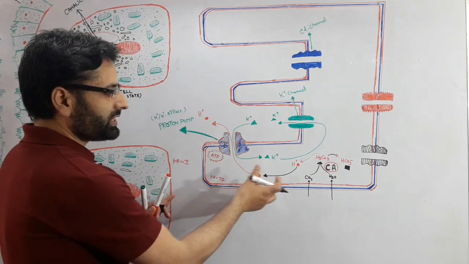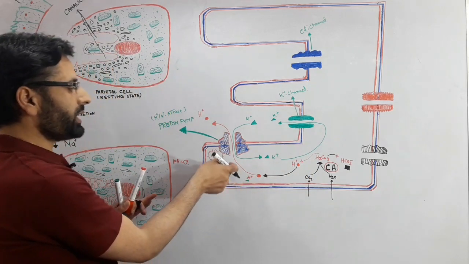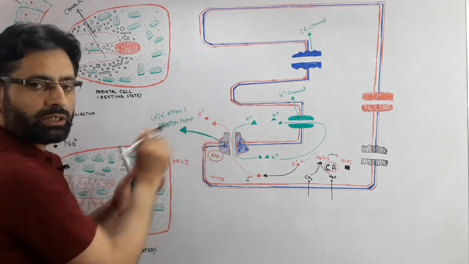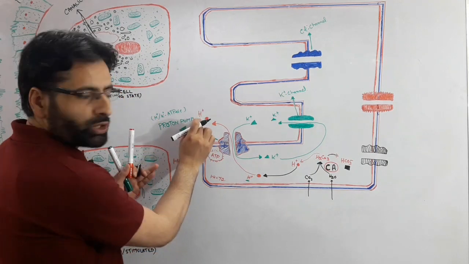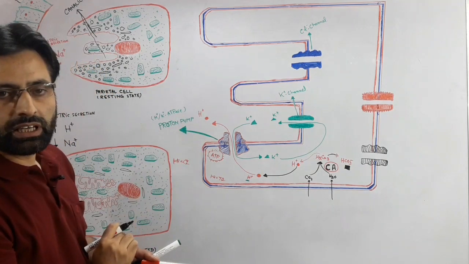Now you have understood the source of this proton and how it is transferred from the cytoplasmic side to the luminal side. And we now have H positive, or you can say the proton, in the lumen of the gastric gland.